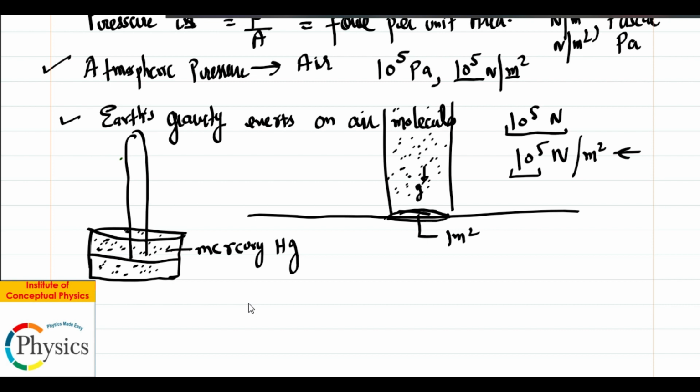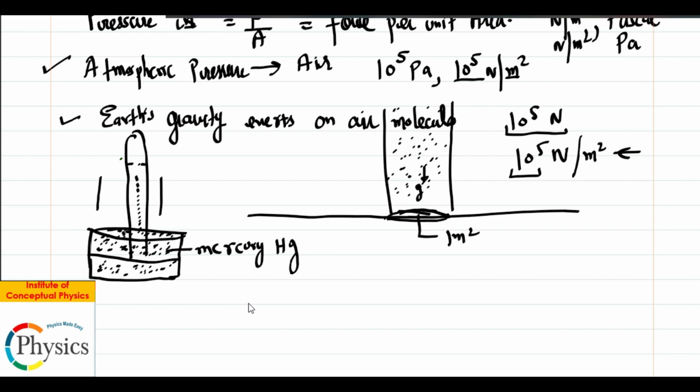What you will notice is that once you insert the tube, the mercury starts rising, and it rises to a certain point and then it stops. Why does it rise, and why does it stop? Remember that the mercury in the container is exposed to the atmosphere.